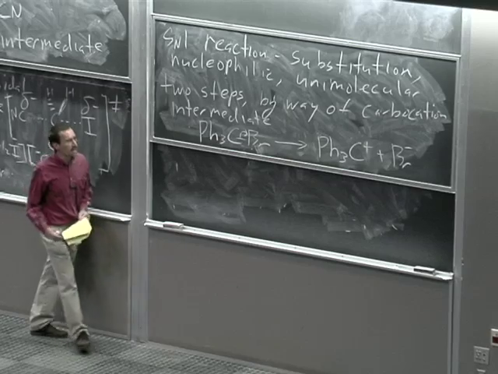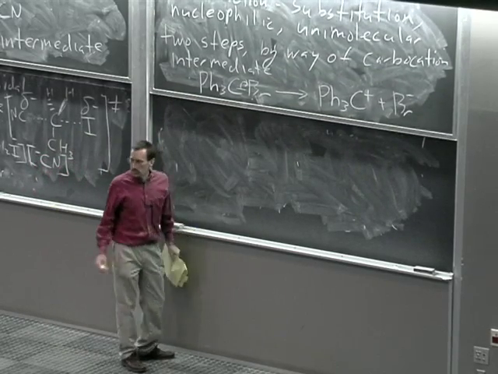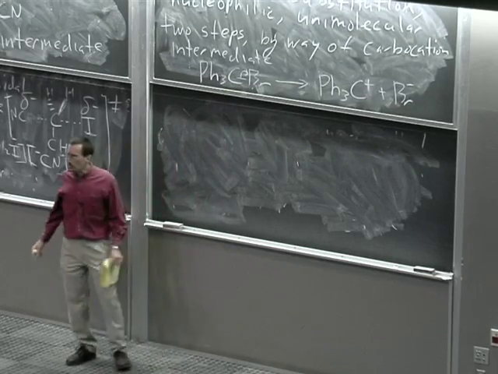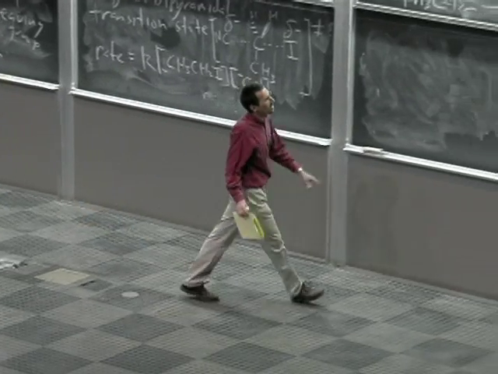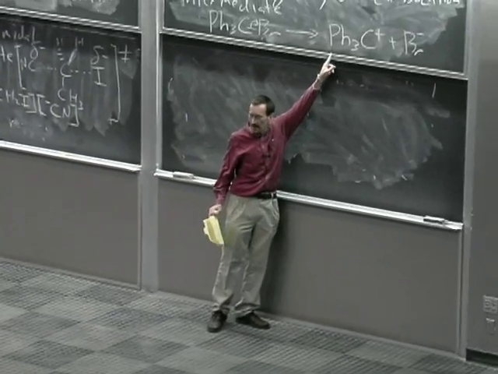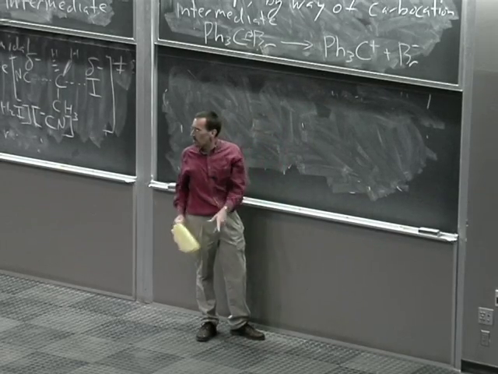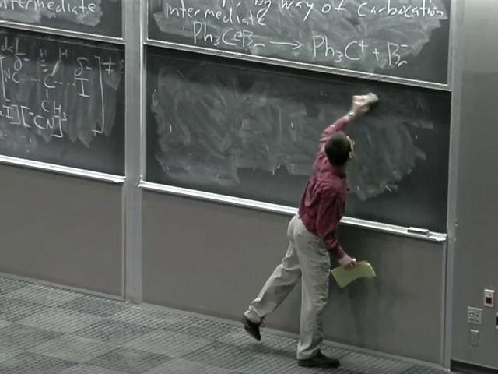In the second step, our cyanide comes in. Cyanide's a nucleophile. It has electrons to share. You darn well know what wants the electrons. The carbocation is unhappy. You have a carbon that only has 6 electrons around it, and it wants 8.